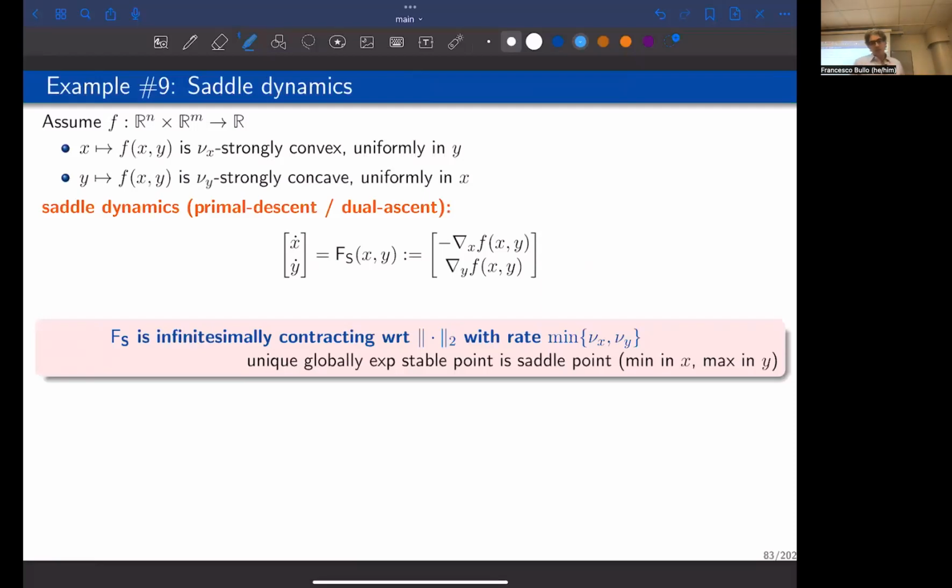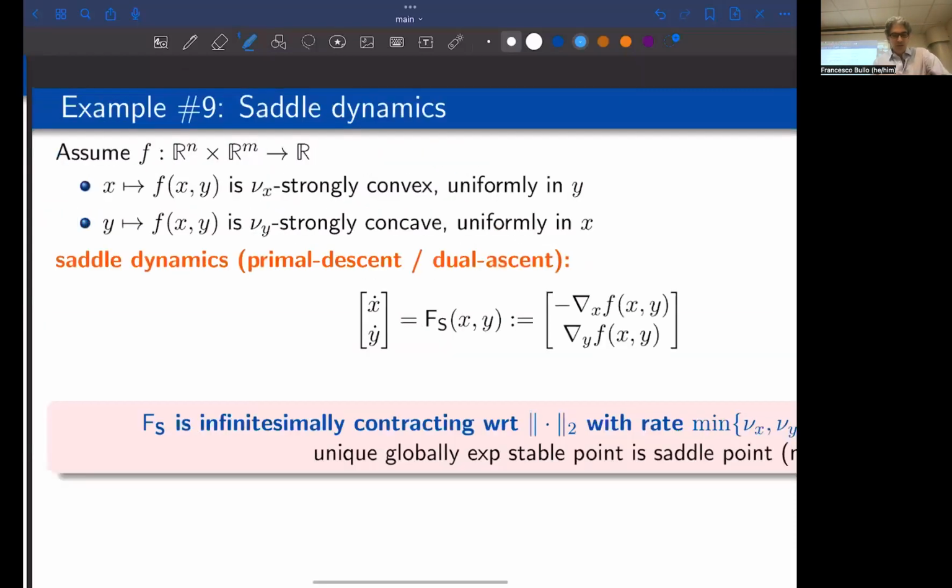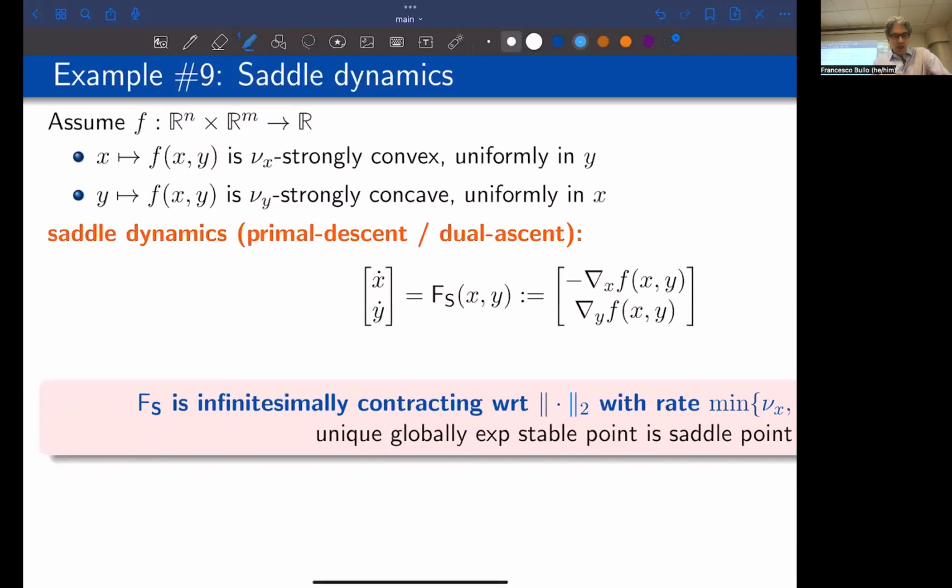And the canonical standard assumptions are that f is strongly convex in one variable and strongly concave in the other variable. And then, as we've been saying, there is the word uniform to be kept in mind. So it's strongly convex in x uniformly with respect to y and vice versa. So this uniform assumption is really simplifying.